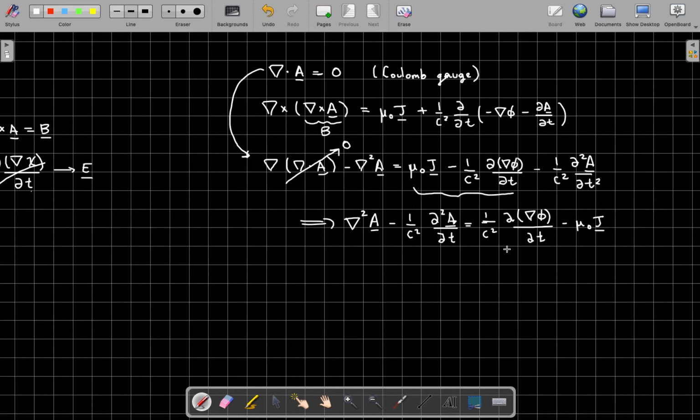As you can see, this is not a very pretty equation. There are ways to simplify this by assuming that j can be decomposed into transversal and longitudinal components, but it's very hard to go into a simpler form.